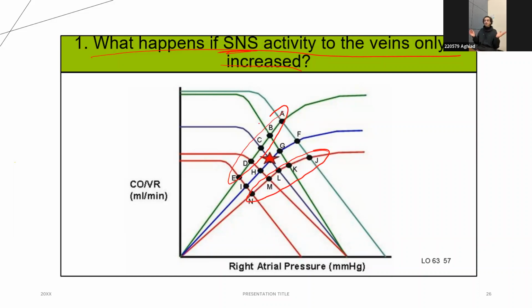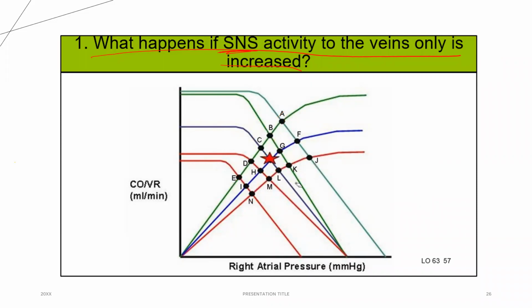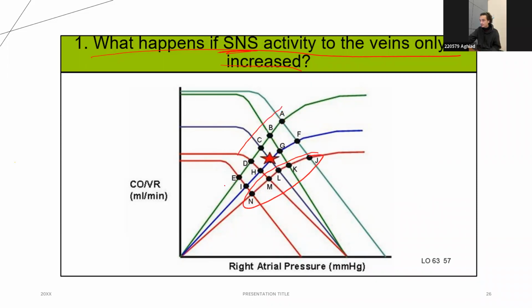Contractility isn't affected, so the cardiac function curve that goes like this isn't affected. Is that clear? Yes. Perfect. All right. So we eliminate all these. So we're left with these two.